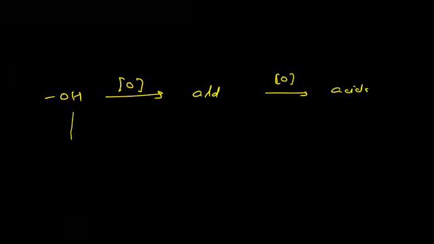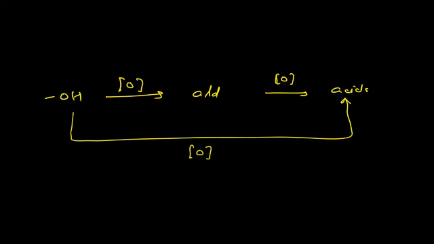But if direct oxidation is required, the reagent we use is KMnO4 in presence of H2SO4. So remember that for direct conversion from alcohol to acid, you will use KMnO4 in presence of H2SO4.